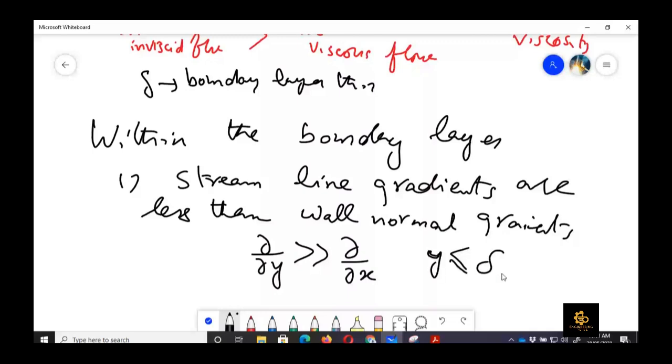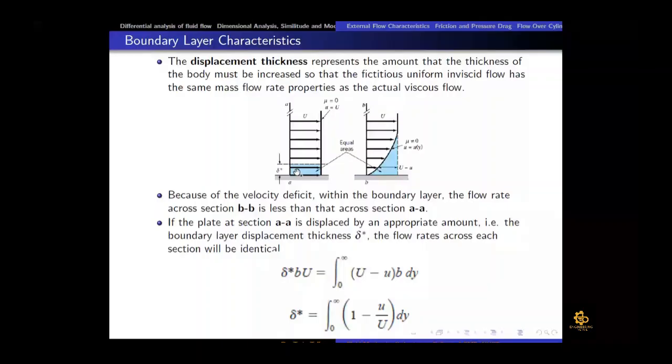And then the second thing we can see from this figure is that the v velocity would be less as compared to the u velocity, because the predominant direction of the flow is in the x direction.